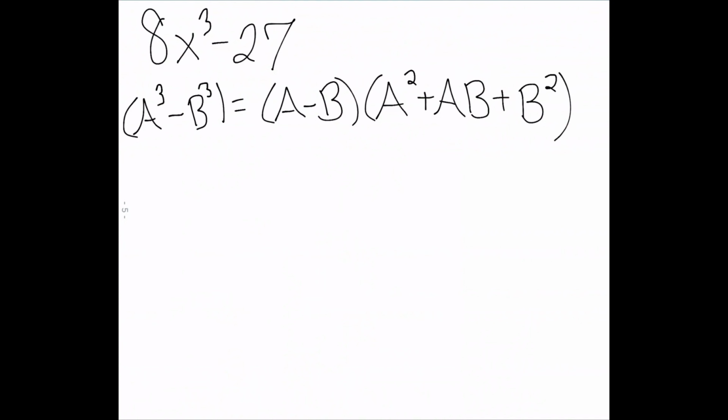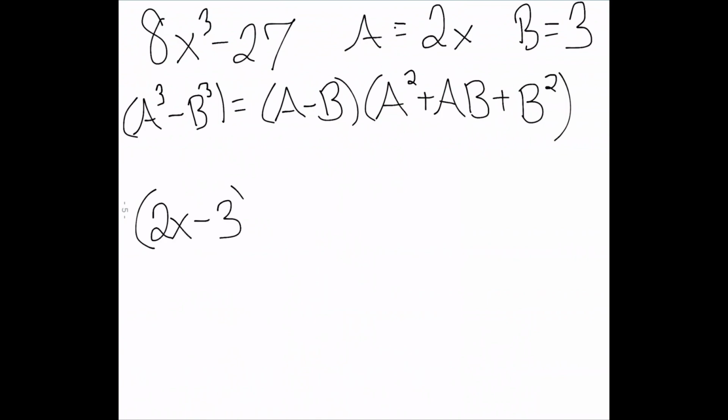And with the cubes, I find it a little bit easier to go ahead and write out what a and b is. 2 cubed is equal to 8, so I would have 2x for a, and b would be equal to 3, since 3 cubed is 27. So when I factor this, 2x minus 3, 2 squared is 4, 2x times 3 is 6x, and then 3 squared is 9.